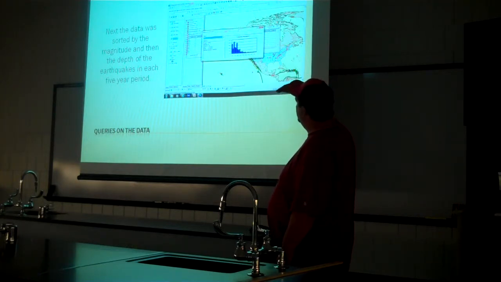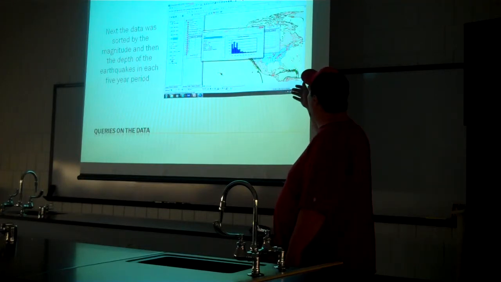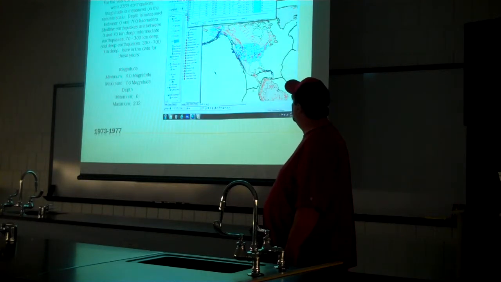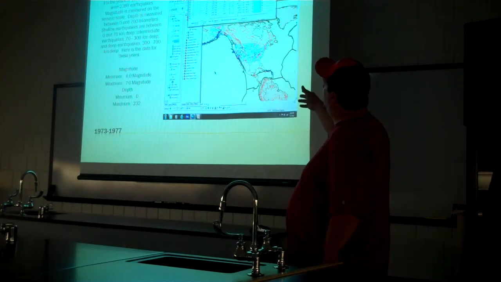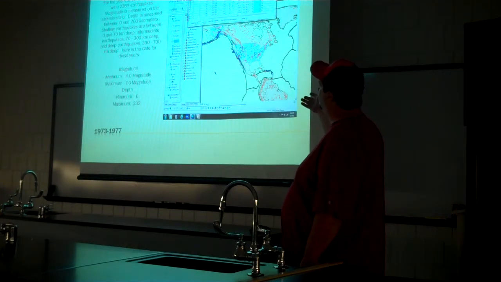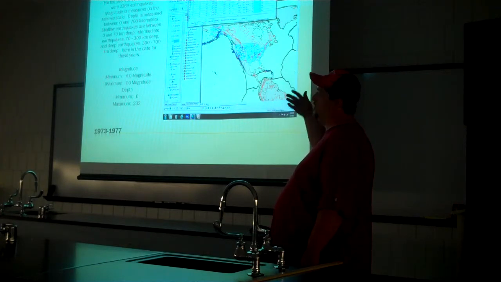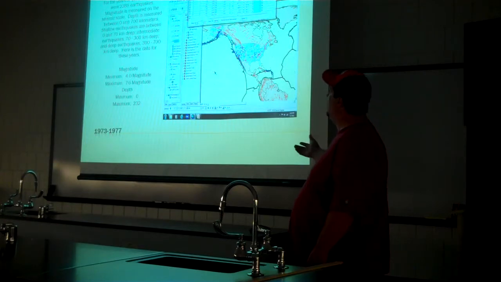I got the mean, the maximum, and the minimum, and also did that for the depth of each 5-year period as well. So here is a snapshot of the years of 1973 to 1977. There were 2,389 earthquakes just in those 5 years.